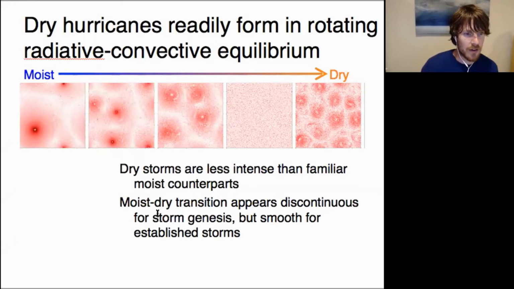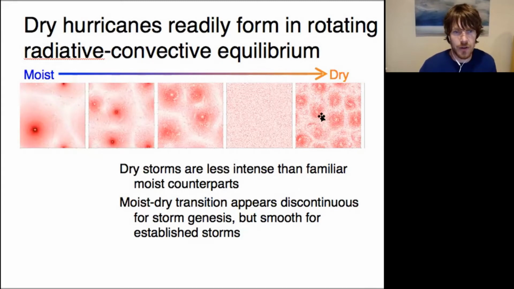So second, dry storms are less intense. These colors are less saturated, indicating that surface wind speeds are weaker in the dry limit than the moist one, while we've tried to control for things such as potential intensity. But they have bigger eyes or regions of maximum winds than moist storms do.